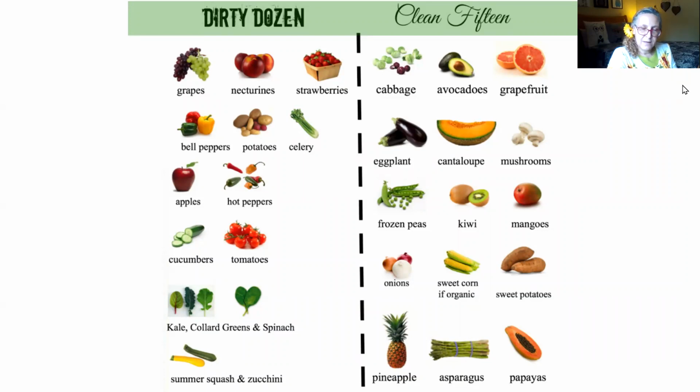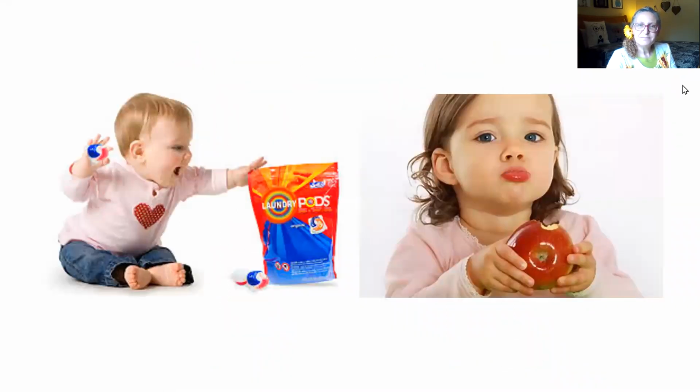And if you look at that list, this is what's called the dirty dozen. And then on the other side, you've got the clean 15. These are the ones that are not heavily burdened with pesticides. But even that, there could be some concern with some of those things. So we're going to talk about what we can do. I would never tell people to stop eating fruits and vegetables, but there's something that we can do, and that's what I want to talk about.